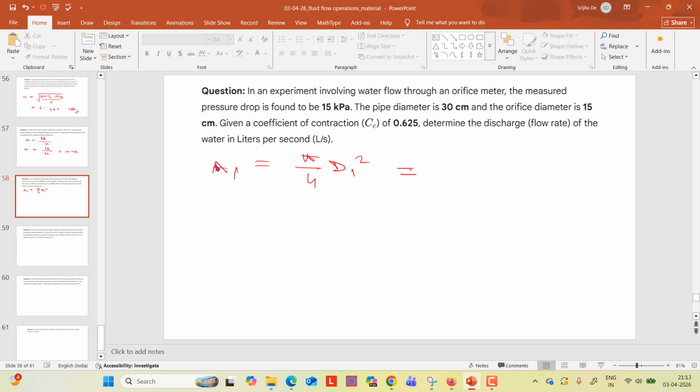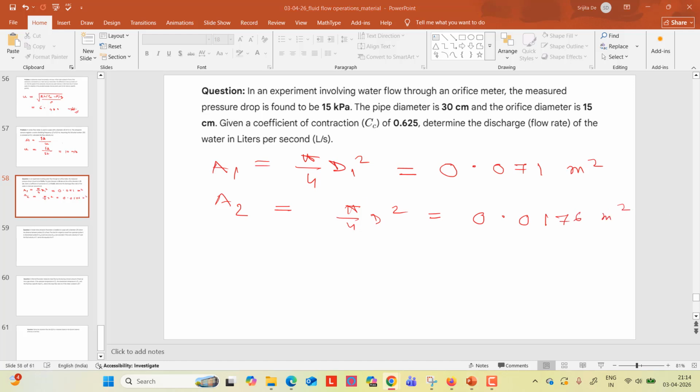So it is coming as 0.071 meter square. A2 is similarly 0.0176 meter square. Okay.